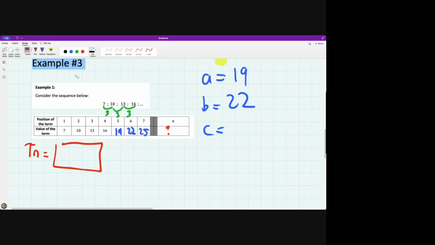If you imagine my formula, because I'm going up in threes, it would be 3n something. But now 3n doesn't give me the value of my first term. My first term was 7, so I need to go plus 4. So then this is going to be 3n plus 4.